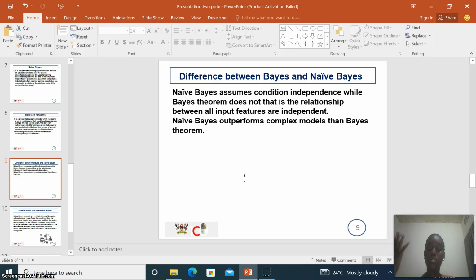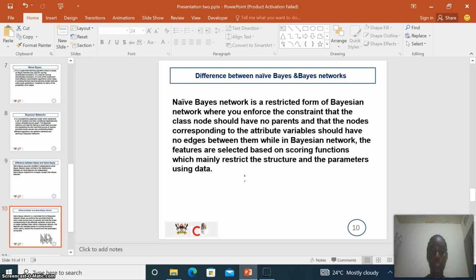Conditions are just assumed. It is based on assumptions. And then naive Bayes outperforms complex models, and naive Bayes is very fast compared to the Bayes theorem.